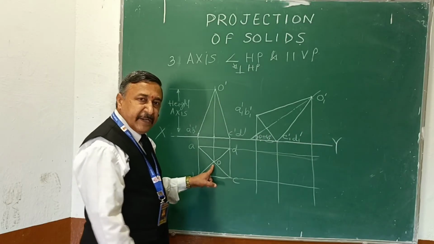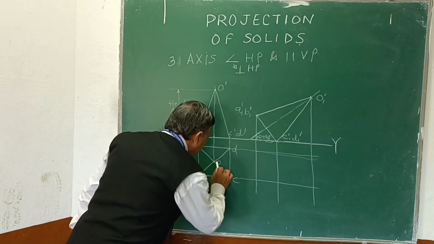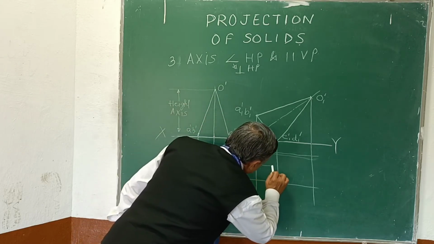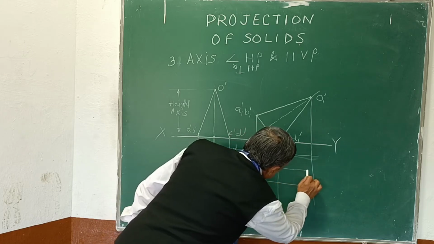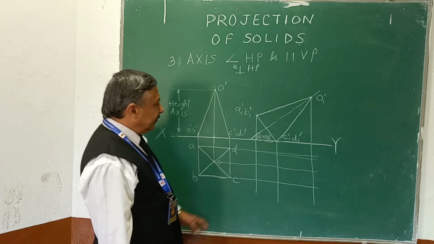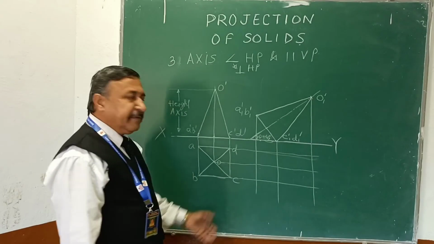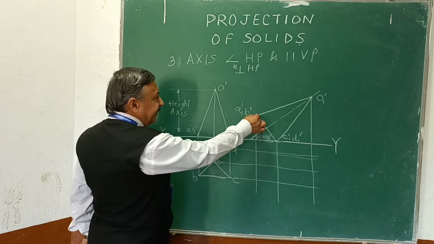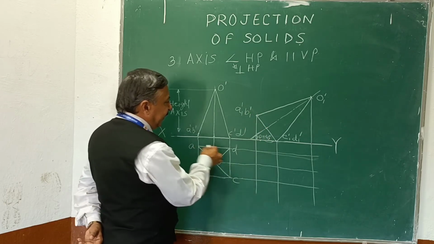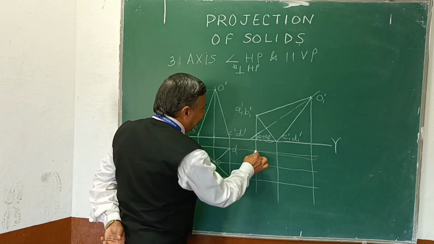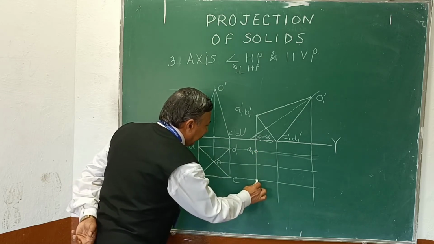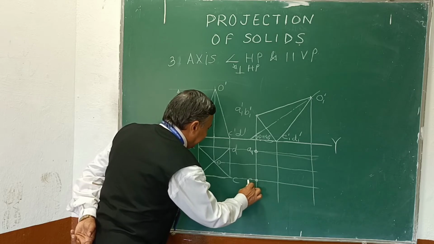Then one more locus, that is from O. So draw this locus from O also. Now see what will be the intersection points. This is A1 and B1 dash, and this is A. So this gives you point A1 and this gives you point B1.